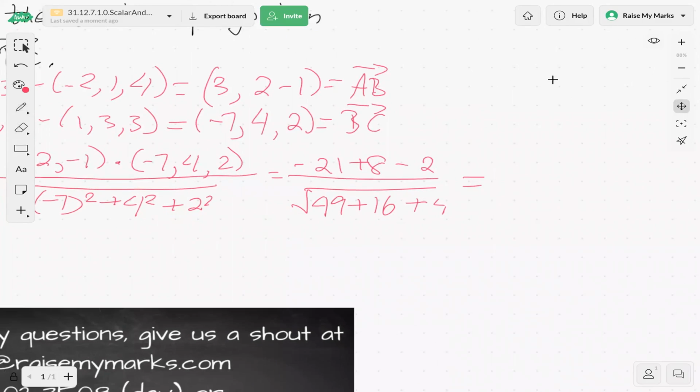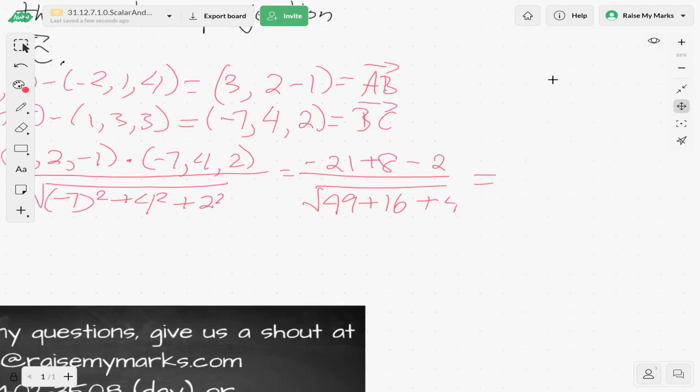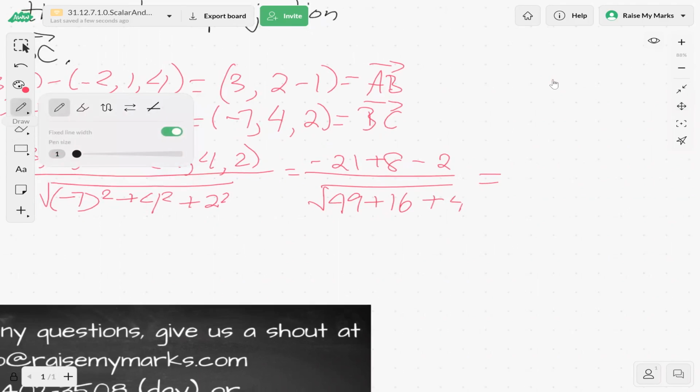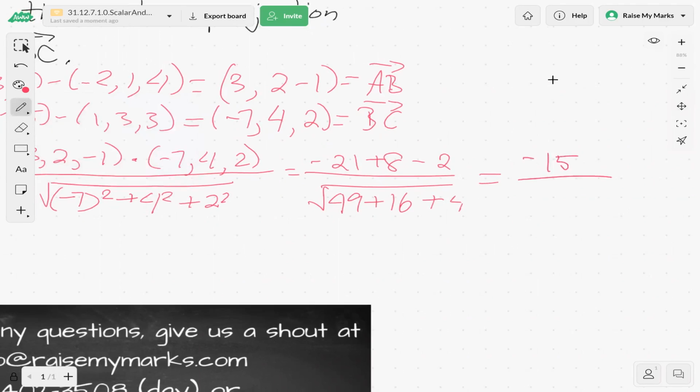On the numerator, what do we have? We have -21 plus 8 minus 2. Not sure why I used a calculator for that. It ends up being a habit. I want to get out of the habit of using calculators.